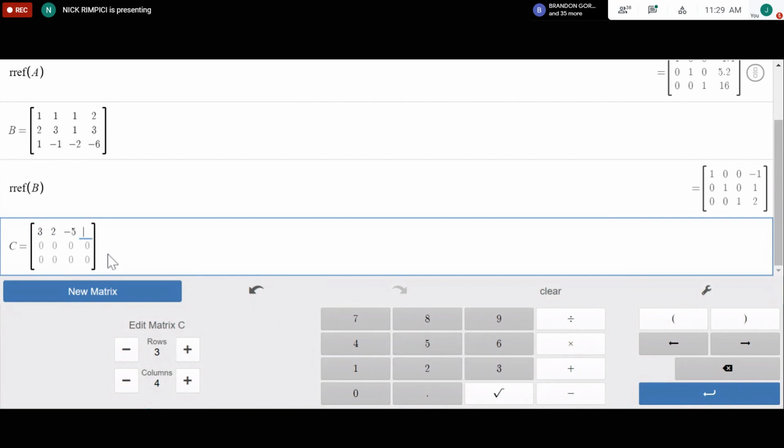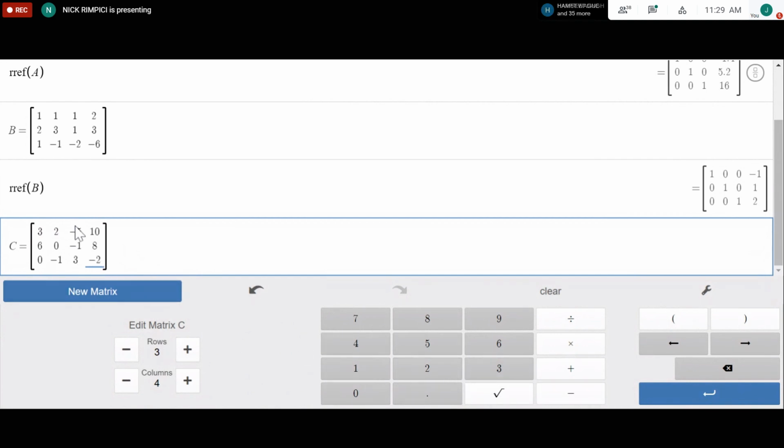The next row was 6, 0, -1, 8. And then my final row was 0, -1, 3, -2.